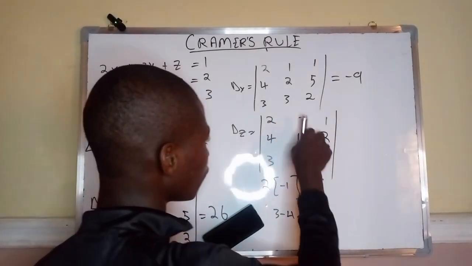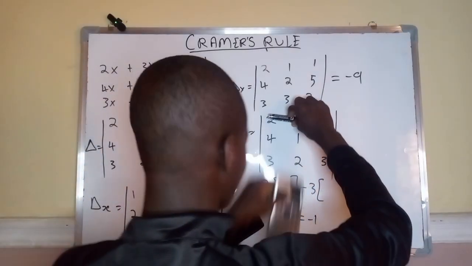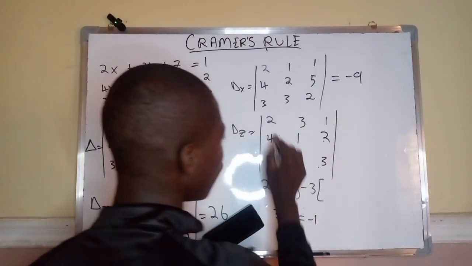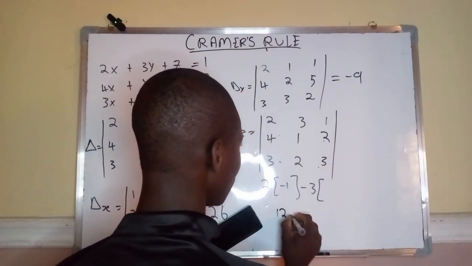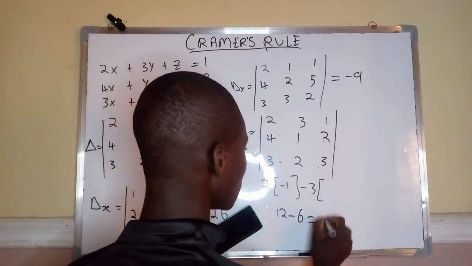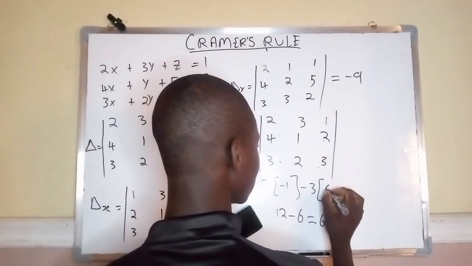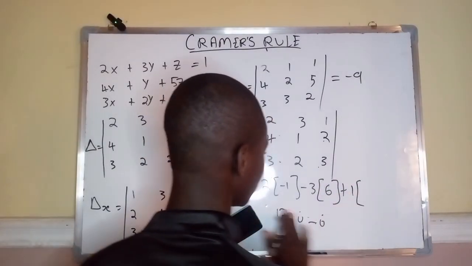So therefore, for 3, I will delete this row and this column. So therefore, I'm having 4, 2, 3, and 3. 4 times 3 is 12, minus 3 times 2, which is 6. So therefore, it is equal to 6. So therefore, I'm having 6, bracket, plus 1 in general.